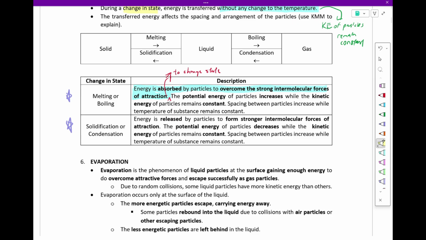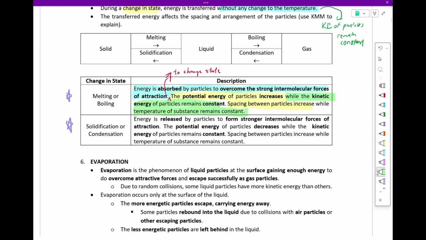What happens is you will notice that the potential energy of the particles increases because the spacing between them increases, while the kinetic energy remains constant. Therefore, temperature is also constant. So the general idea is I am absorbing or gaining heat just to overcome my forces of attraction.